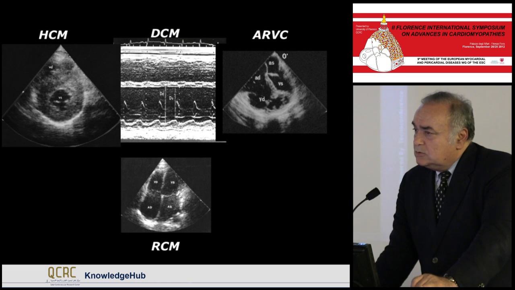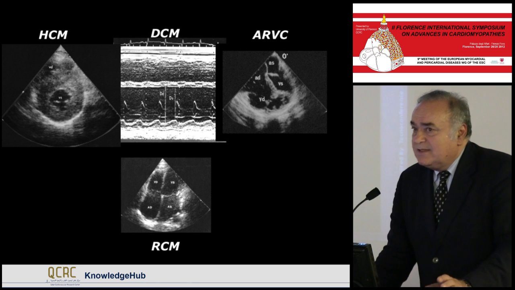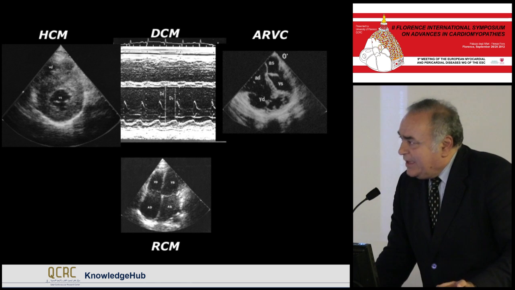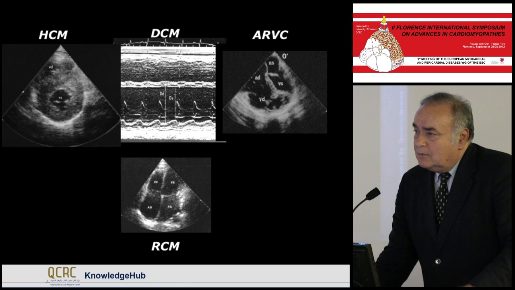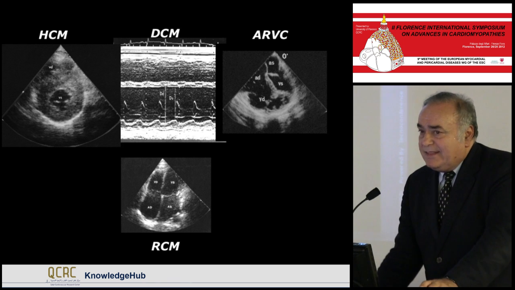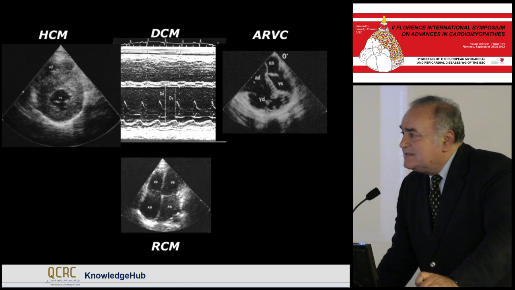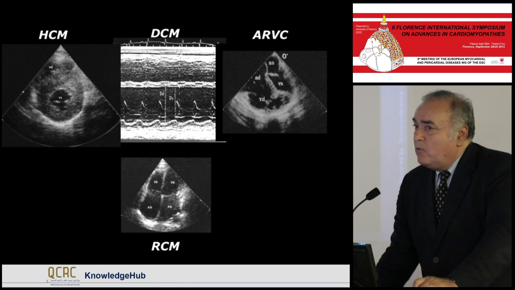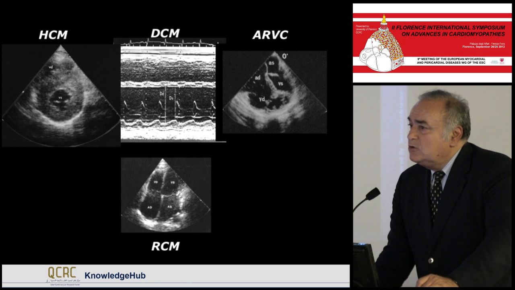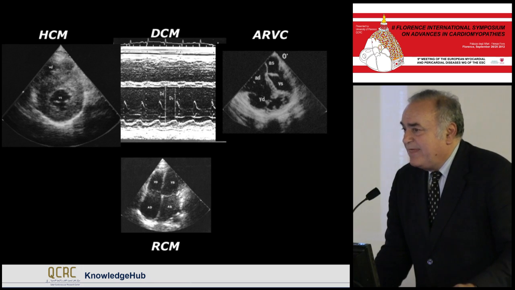As you know, as Perry told, restrictive cardiomyopathy is the most challenging, the most difficult, the most problematic topic in the field of cardiomyopathy. And the problem is that the definition of restrictive cardiomyopathy is a physiology-based definition and not a morphology-based definition. As you know, morphology is much more reassuring than pathophysiology.